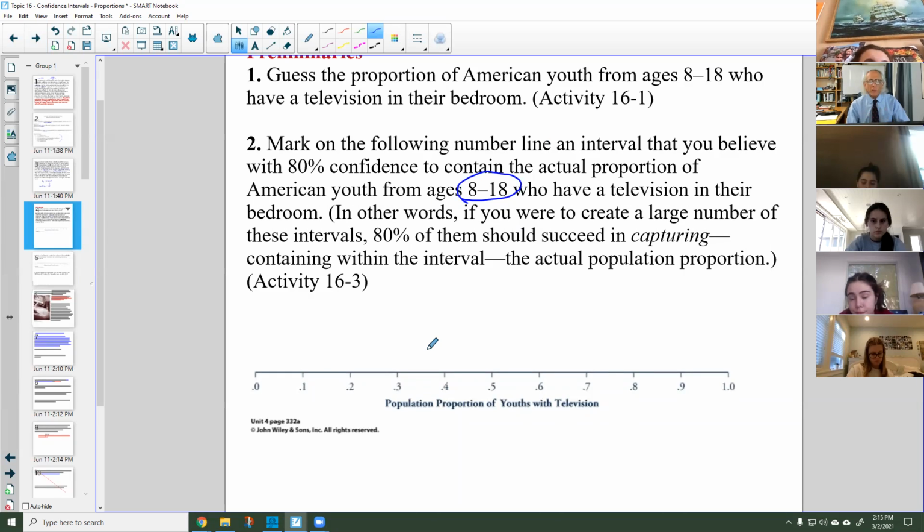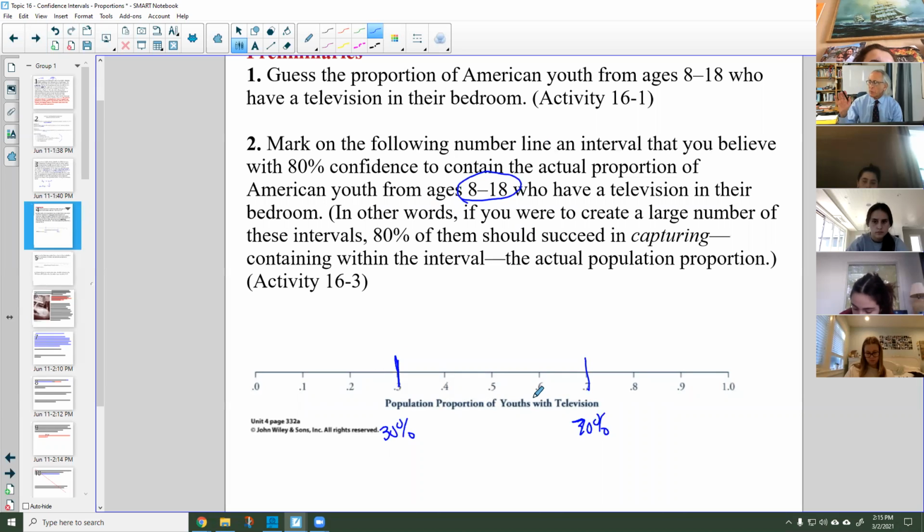And I would guess, personally, somewhere between 30% and 70%. That'd be my guess. I'm 80% sure that somewhere between 30 and 70% of American teens have a television in their room.